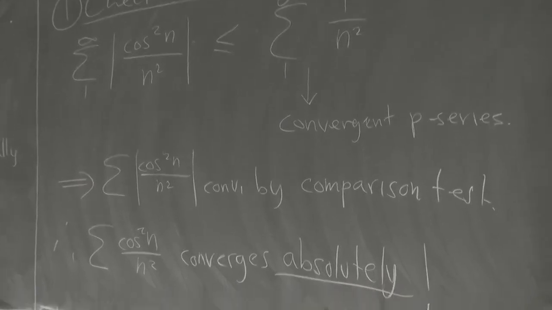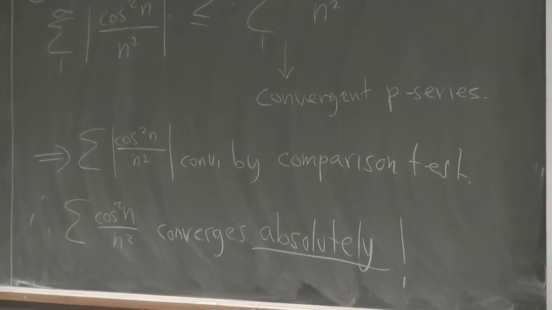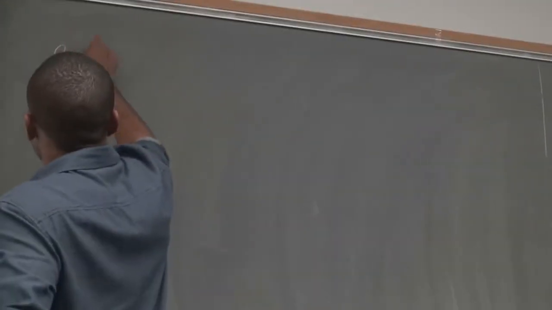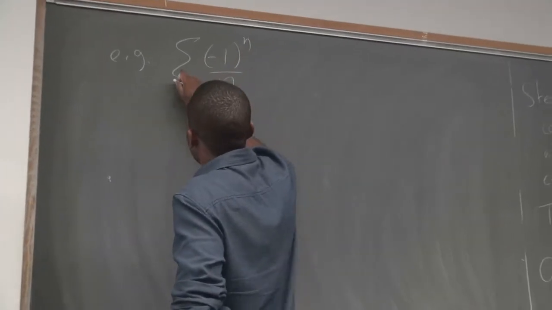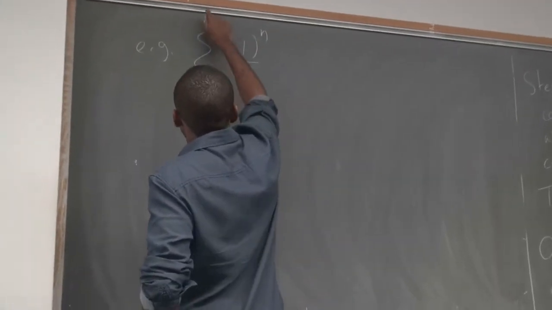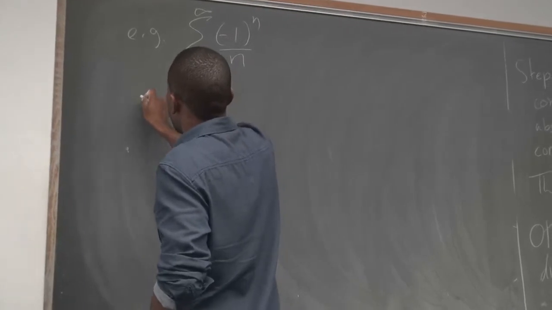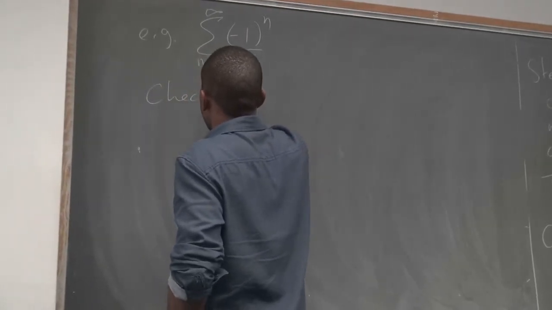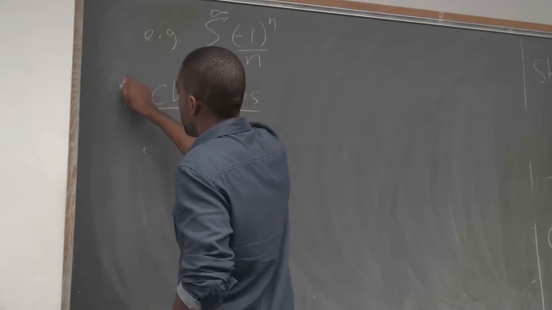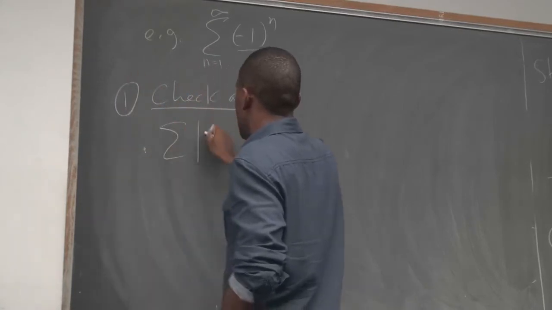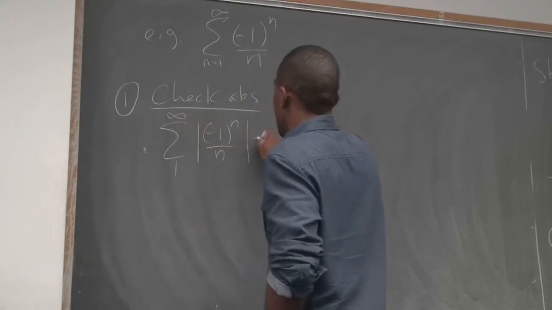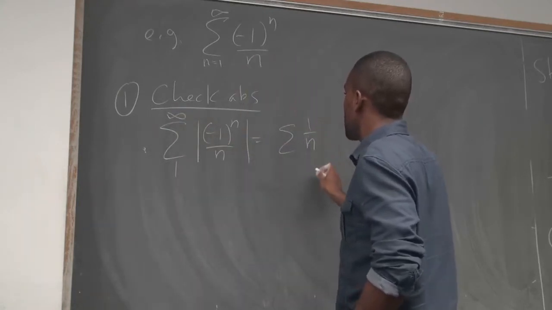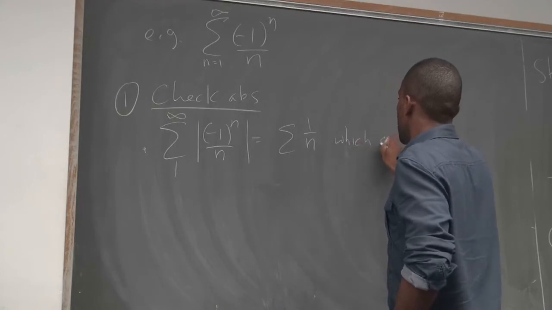I'll do the alternating harmonic just so you can see an example of something that's conditionally convergent, written out. So here, you could check absolute convergence, which means you look at this guy, but that's just equal to this guy, which diverges.